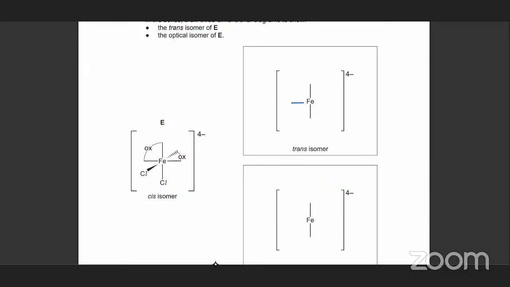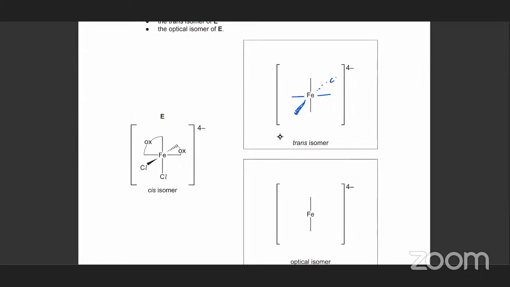Just draw it the same way he drew it. Okay, there's a dotted line, this thing. So what's the mirror image? This thing would be on the other side. So it's going to be, how would it be mirrored? Cl would go to the other side, so this would be Cl. Okay, left and right would be switched. This Cl would stay there.